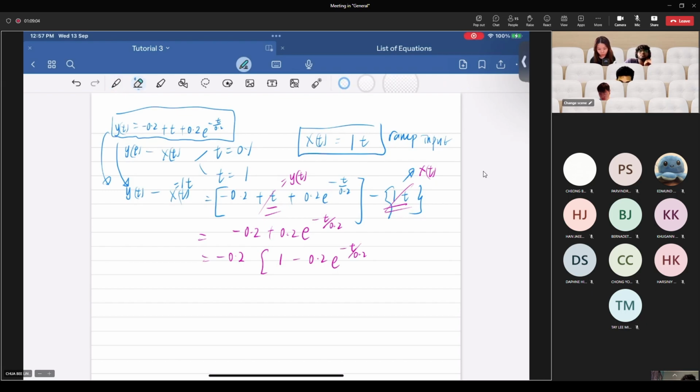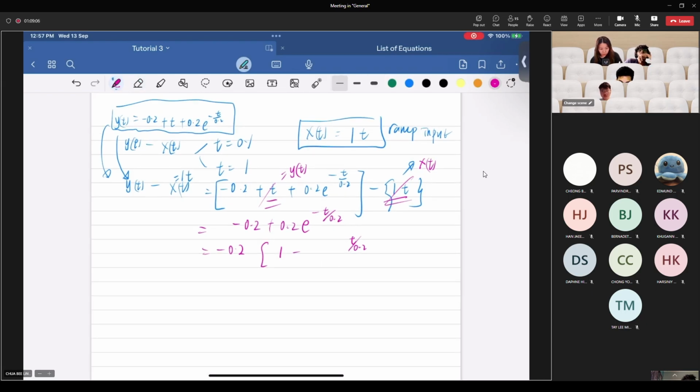Or if you prefer to have 0.2, then negative 1 plus e negative t over 0.2, also okay. Both are the same answer.